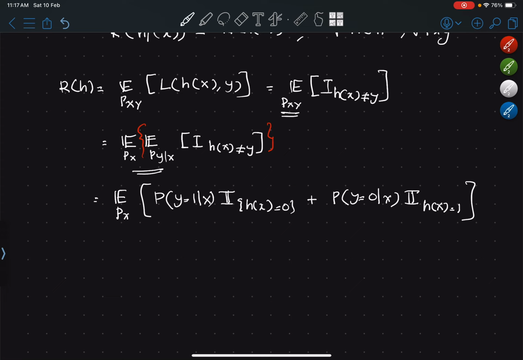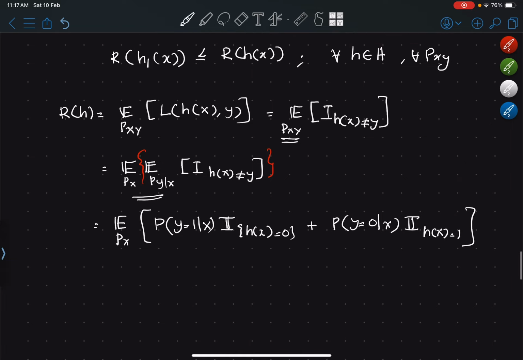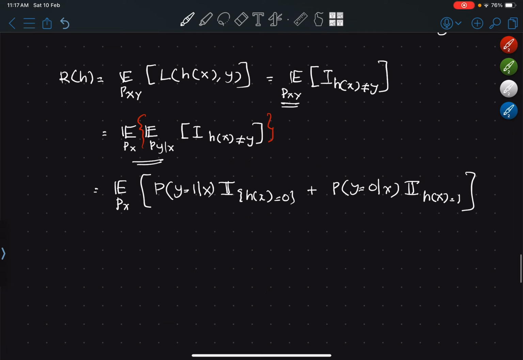Now we have to choose an h such that it always chooses the minimum. One thing we have to understand is that the hypothesis can only choose a label 0 or a label 1. Whenever we are given a data point x, the hypothesis chooses either h of x equal to 0 or h of x equal to 1.